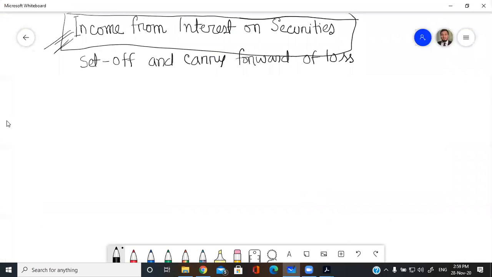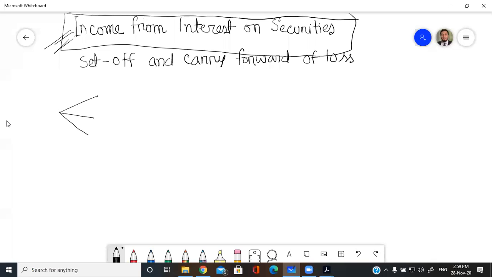as you already have the idea of which income will be included in the income from interest on securities, I would like to conclude that discussion by saying there is one classification you will see in your text, based on the purpose of the SSC, that securities can be classified into 3 headings.